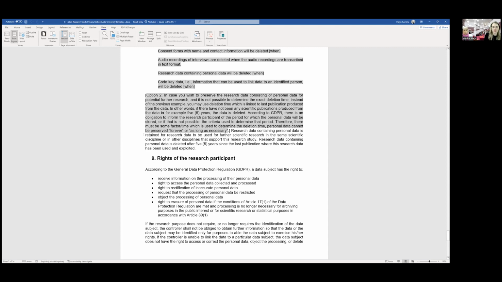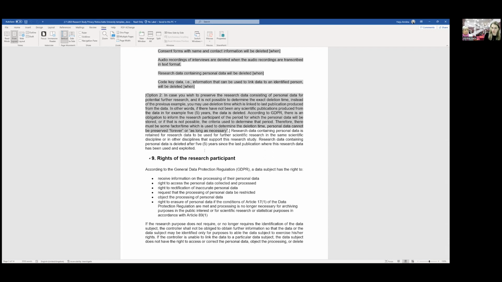So here it says that research data containing personal data is, again, now there is this phrase, if you want to use it for further research, so not just this research study, so that it can be used for research in the same scientific discipline. And then the last sentence is that the data is deleted after 5 years since the last publication where the research data has been used and exploited.